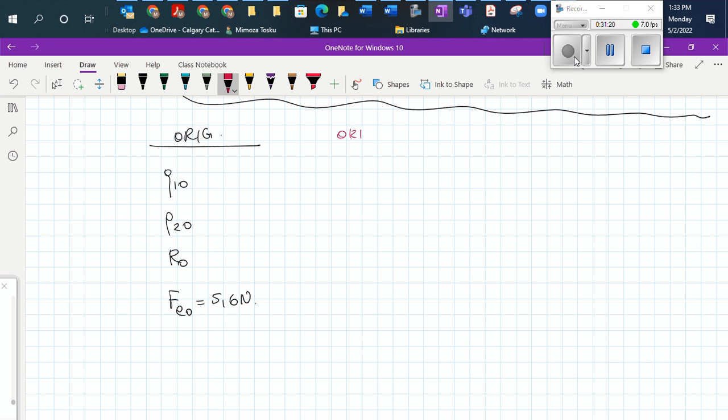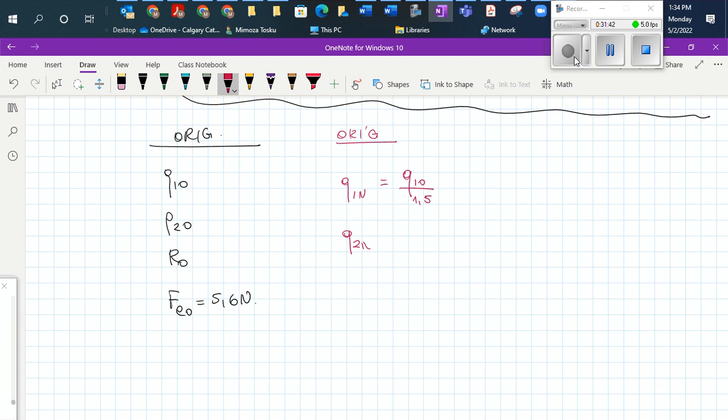And in the new situation, charge 1 is, let's say, decreased by a factor of 1.5. So when you have a decrease, then you are dividing by that number.